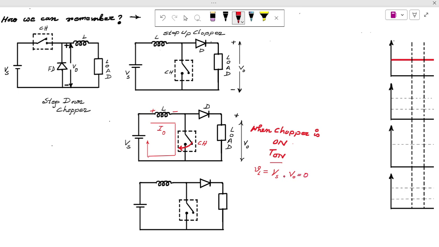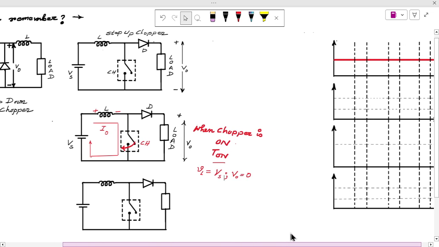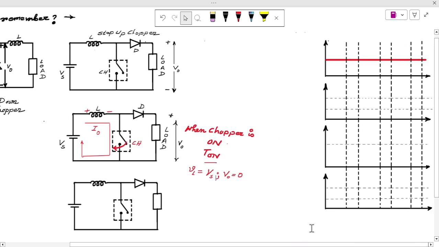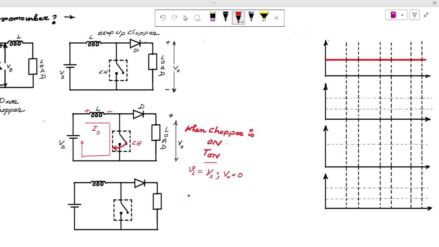This is a very important discussion, very important when we draw the waveform. So the output voltage is 0, and there is no question of current flow through this load. So what will be the nature of current and voltage?